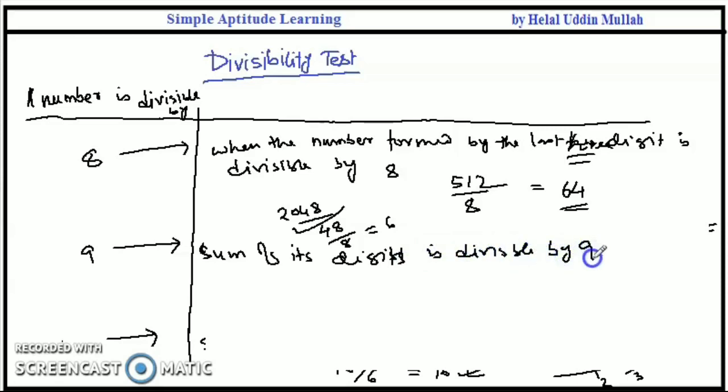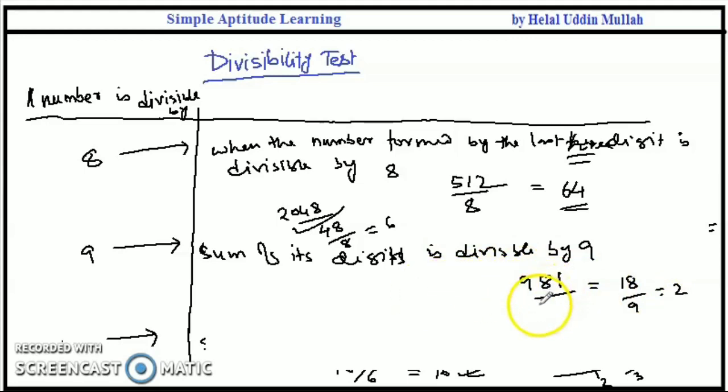For example, if we consider 981, and add its digits, it is equal to 18, and if we divide it by 9, we get 2, so it is divisible by 9. So according to the criteria, 981 is divisible by 9.